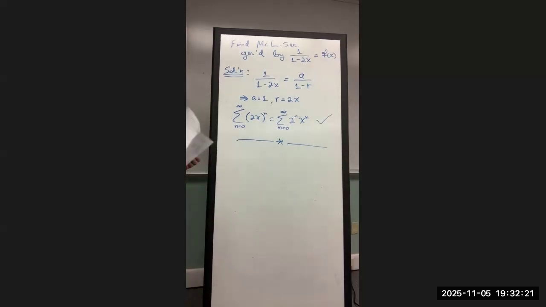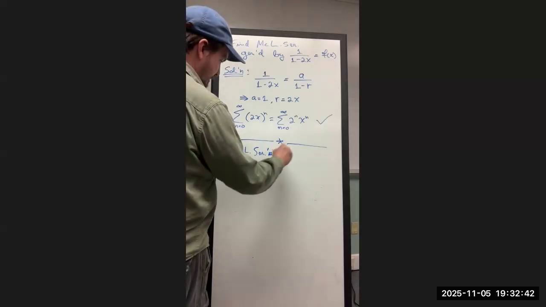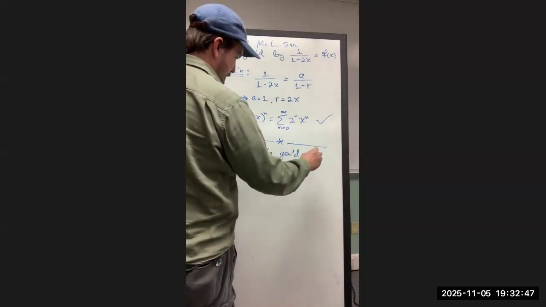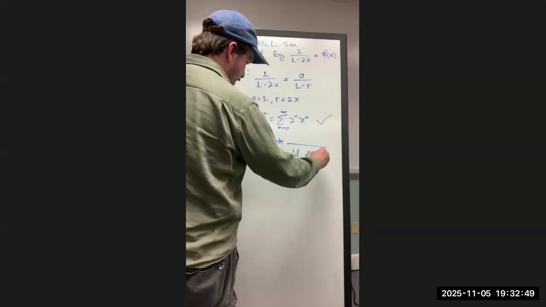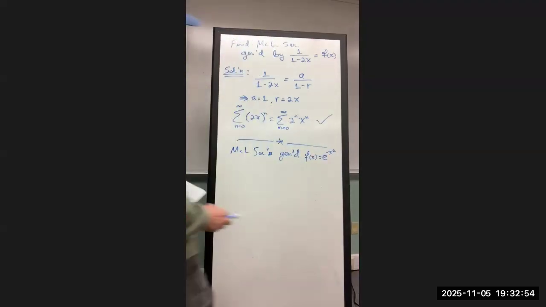So how about one more? And this one's another good one, very much of this ilk. Same deal, right? But now we want to find the Maclaurin series generated by f of x equals e to the negative x squared.